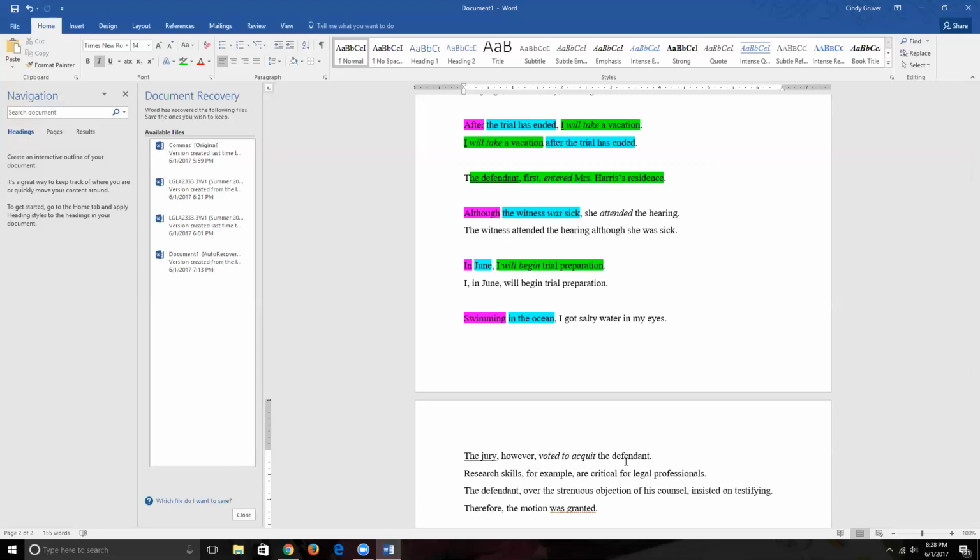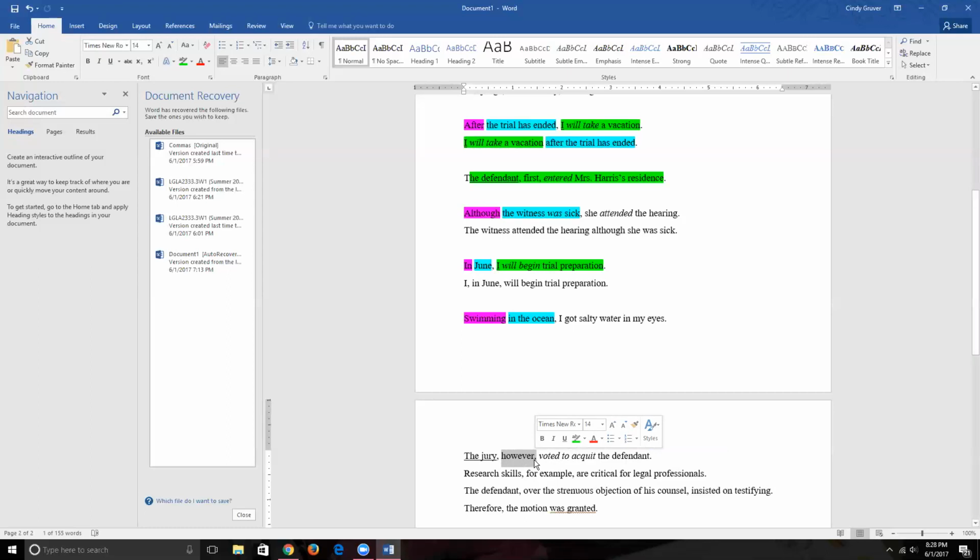Wait a second, I was thinking he was going to get convicted, but now I see the word "however," so now I know there's a surprise. I'm not sure what the surprise is going to be, or why, but I'm prepared for it, and that helps me interpret the rest. So when I see "however," I am prepared to see "acquit." While I call the "however" interruptive, and it's distracting the reader from the meat of the sentence, it's also acting to prepare the reader for what's going to come next.